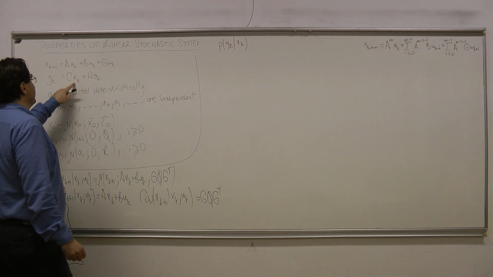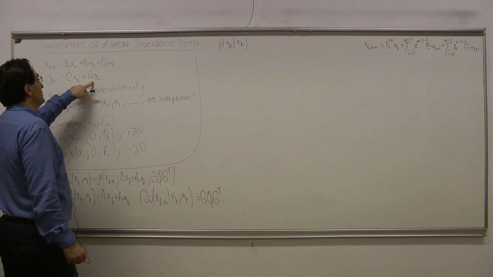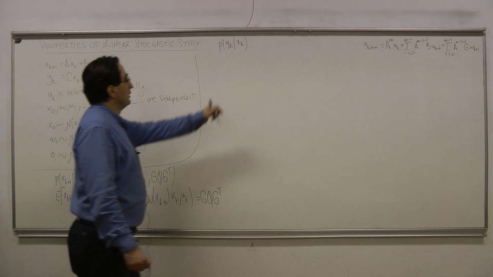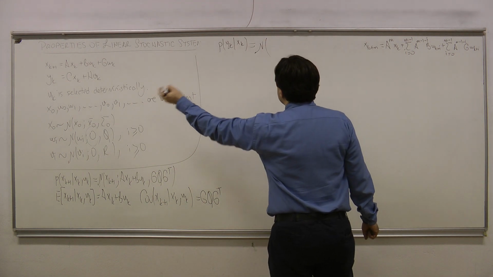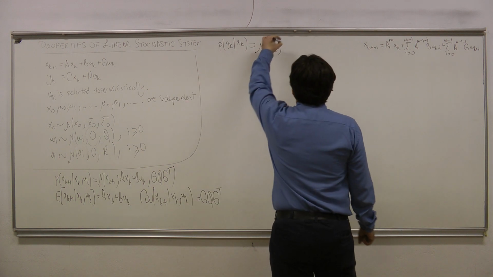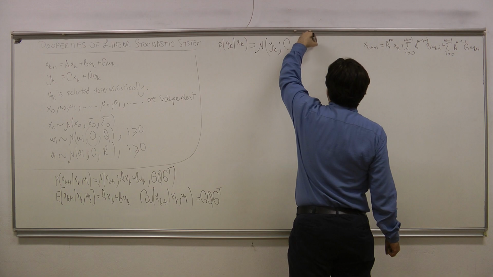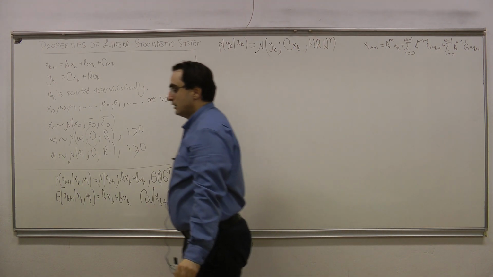This term is already given to us, and this term is Gaussian distributed with mean 0 and covariance H R H transpose. So this is going to be a normal distribution. The argument of the density is yk. The mean is going to be C xk, and the covariance is going to be H R H transpose.